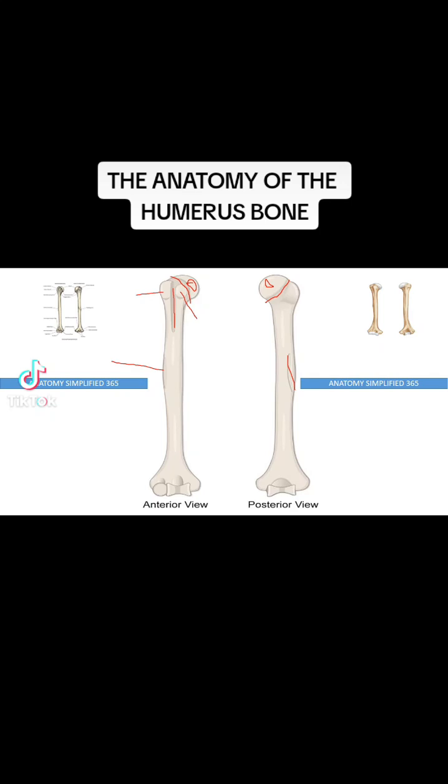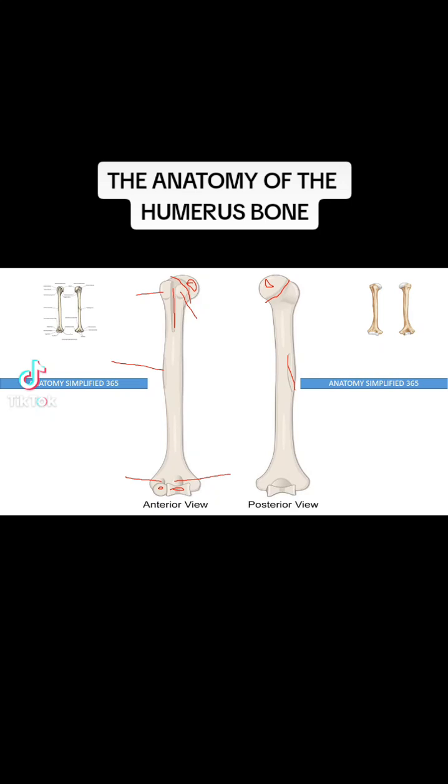Then distally we have the trochlea, that is right here. Then we have the capitulum, that is here. We then have the radial fossa, that is this small depression here. Then we have here our coronoid fossa, it's also a depression here.